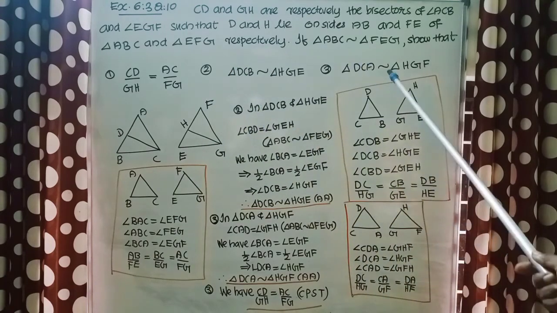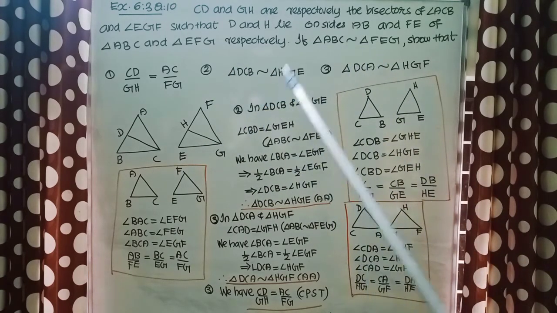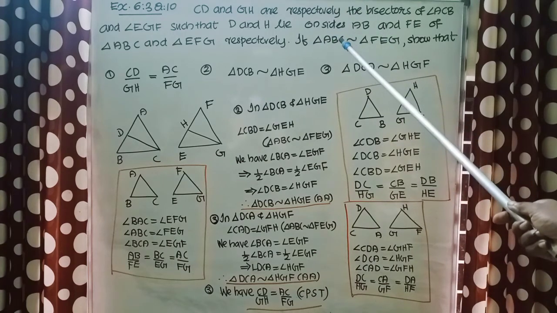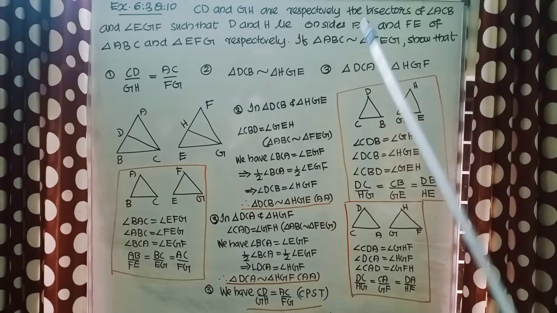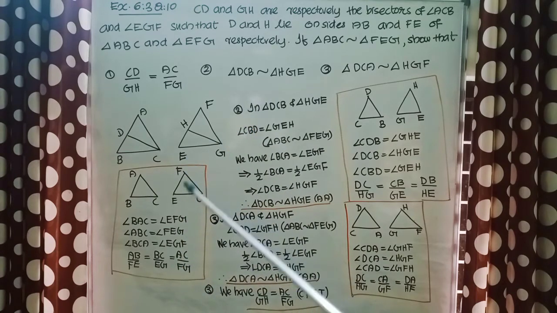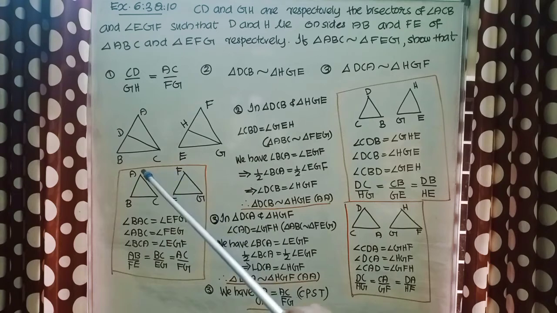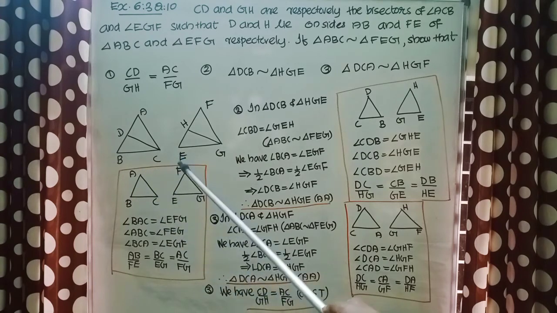So, here we need to prove three questions. Here it is given triangle ABC is similar to triangle FEG. If two triangles are similar, it satisfies the equality of corresponding parts. So I have simply drawn two triangles and named triangle ABC and triangle FEG, just to write the corresponding parts.